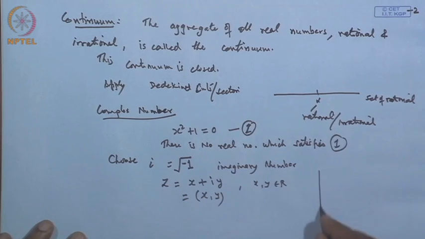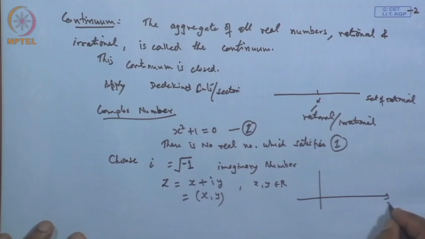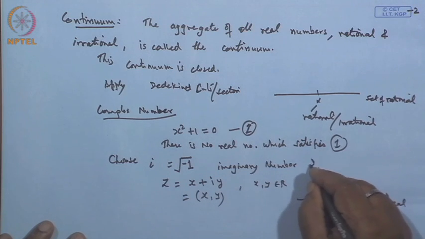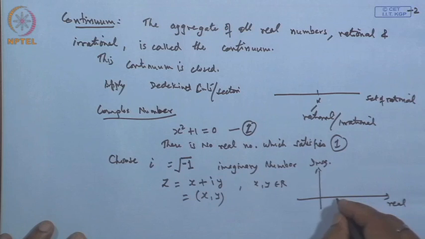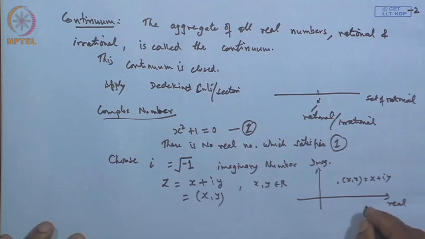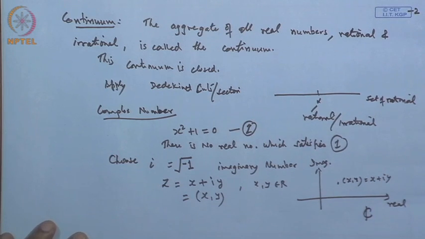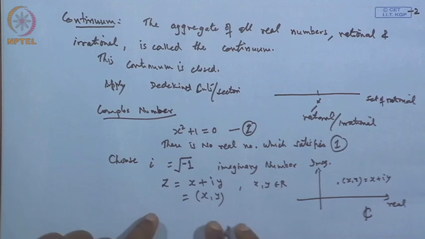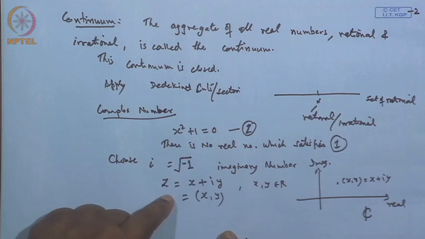If x takes the position of the real axis, x axis, we call it real, and this we call the imaginary axis. So, the position of this point (x, y) is basically the same as x plus i y in the complex plane C.